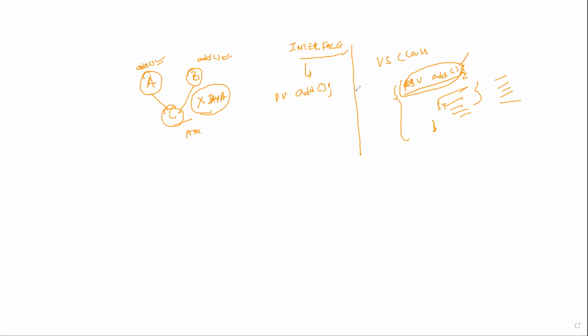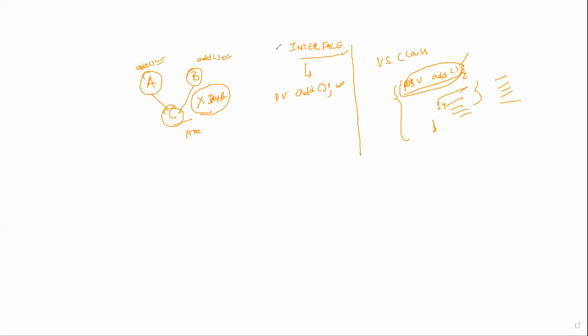This is dummy, empty. I don't have any implementation. These are called abstract methods. Abstract means we have hidden it, so we didn't implement anything. So these can be called abstract methods or unimplemented methods, right?